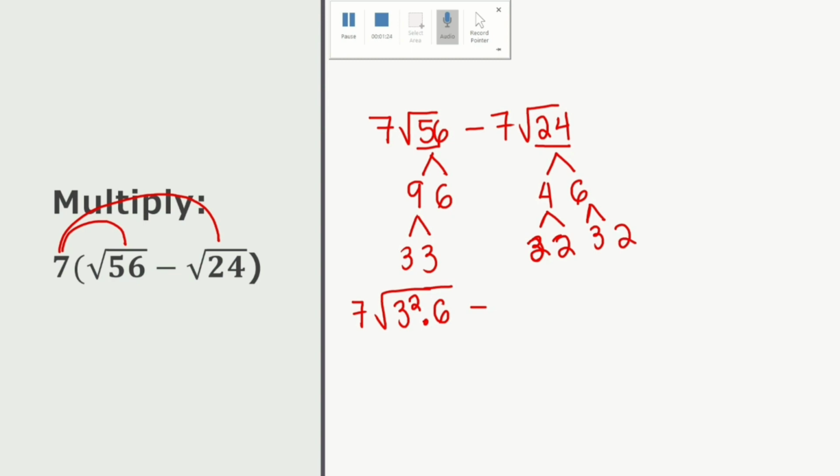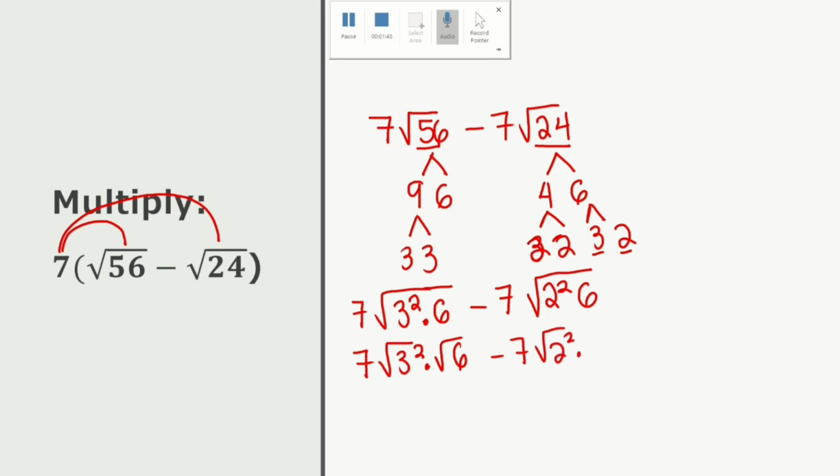So we can write it as 7 square root of 2 squared, then the product of these two, which is 6. Then applying the product rule for radicals, that is now 7 times square root of 3 squared times square root of 6 minus 7 square root of 2 squared times square root of 6.